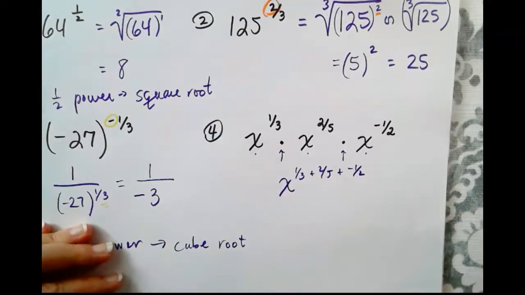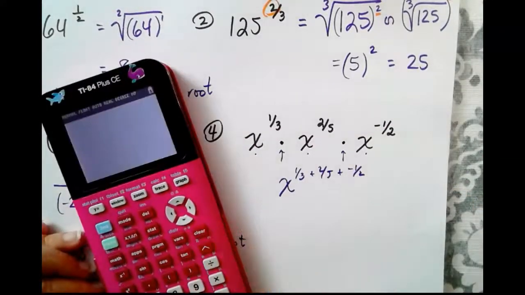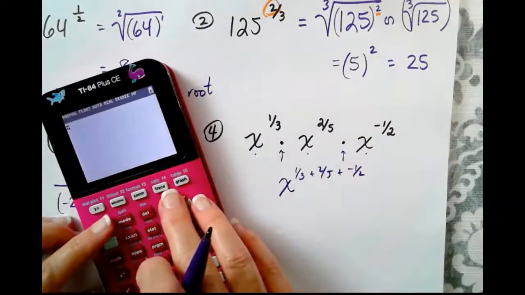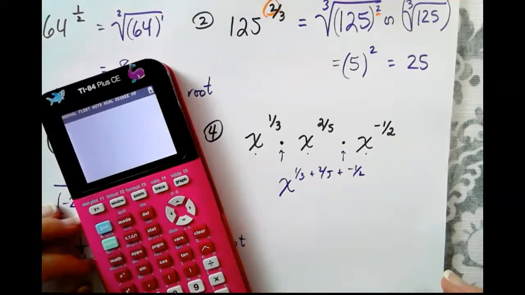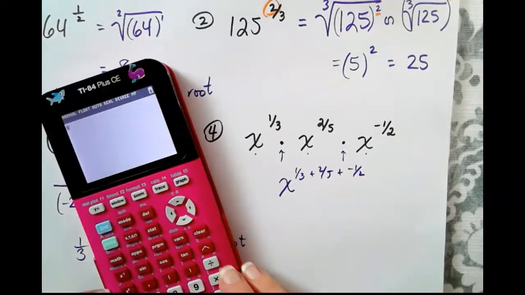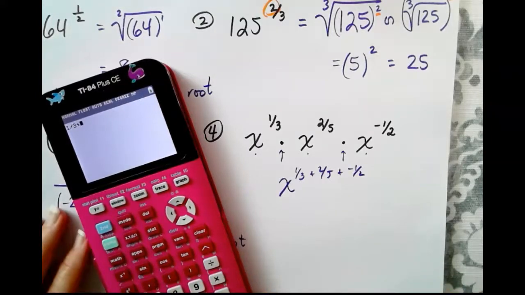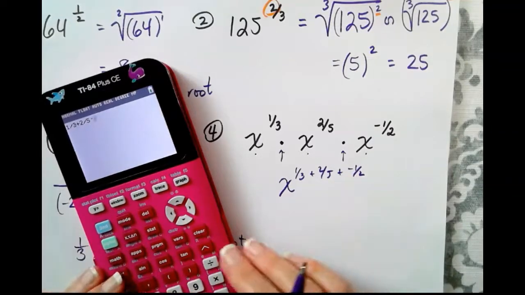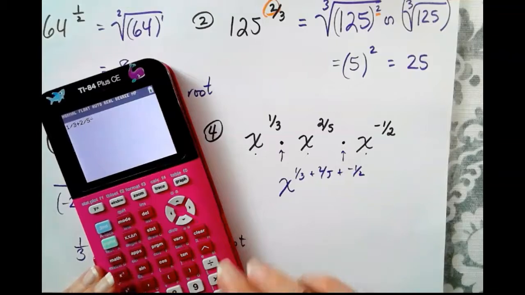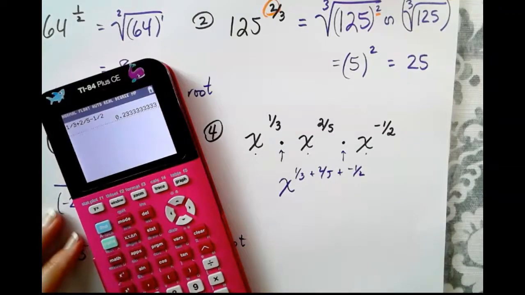So I would come to my handy dandy calculator, rather than having the need to find a common denominator. So what is 1/3 plus 2/5 minus 1/2? Add those all together.